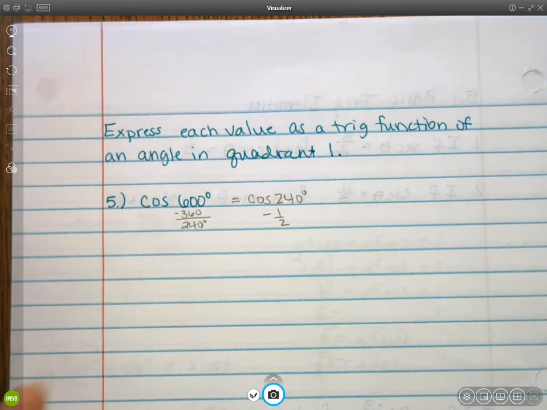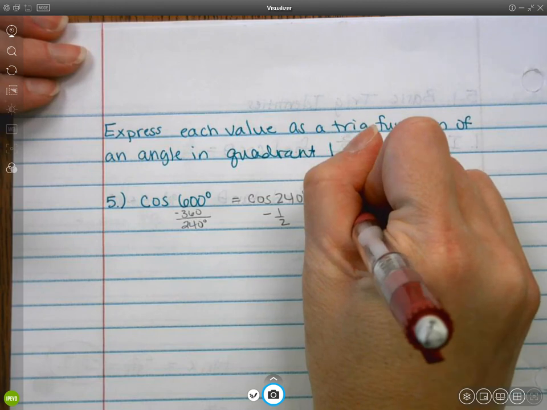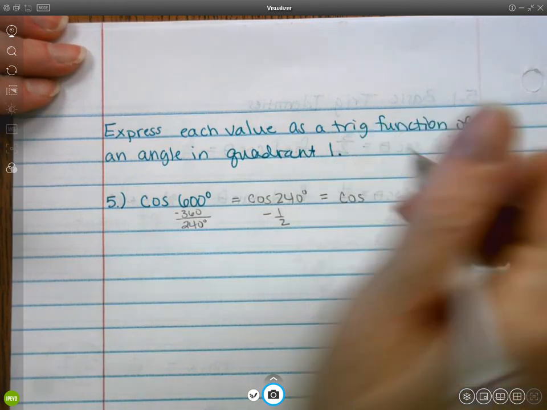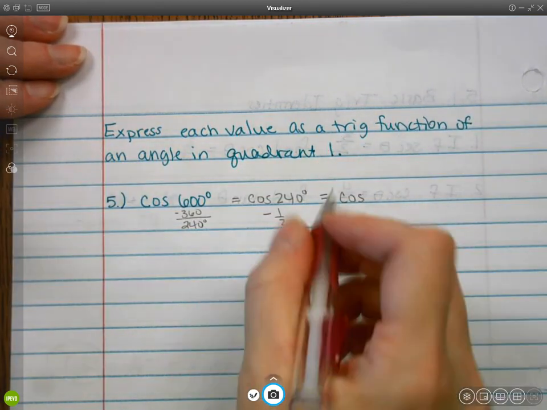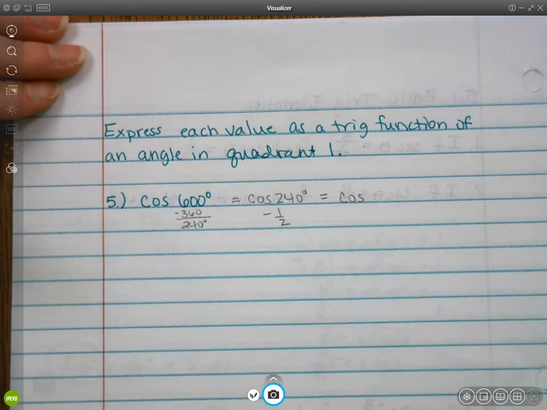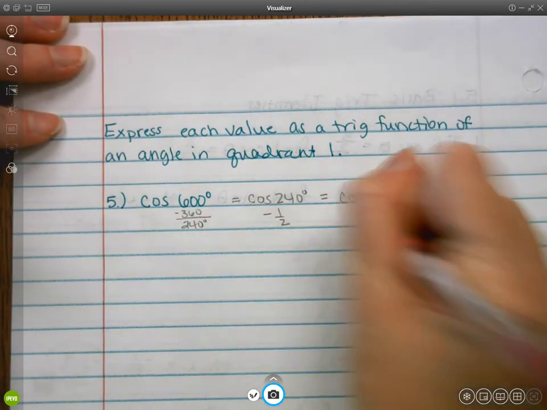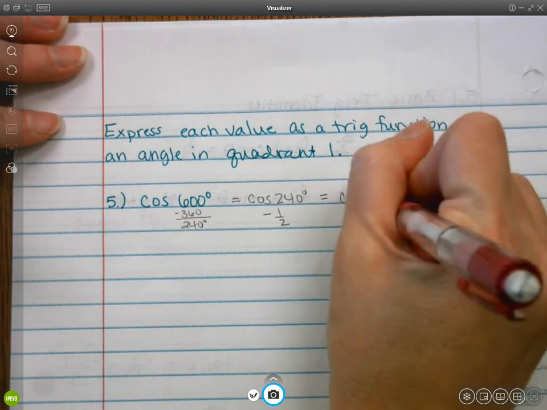Okay, so what you do have to know enough about your unit circle is to know where 240 is in quadrant 1. So if it's -1/2, can you be -1/2 in quadrant 1? No. You can be +1/2 in quadrant 1. And your cosine value is +1/2 in quadrant 1 at 60 degrees.